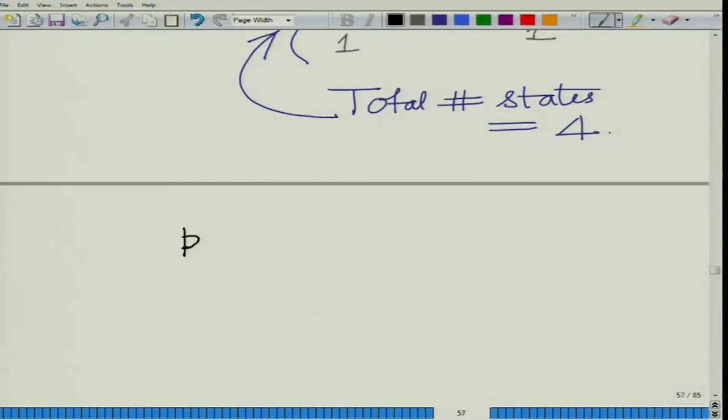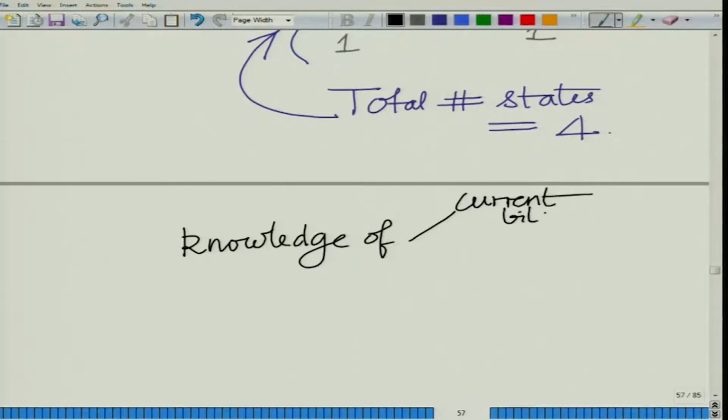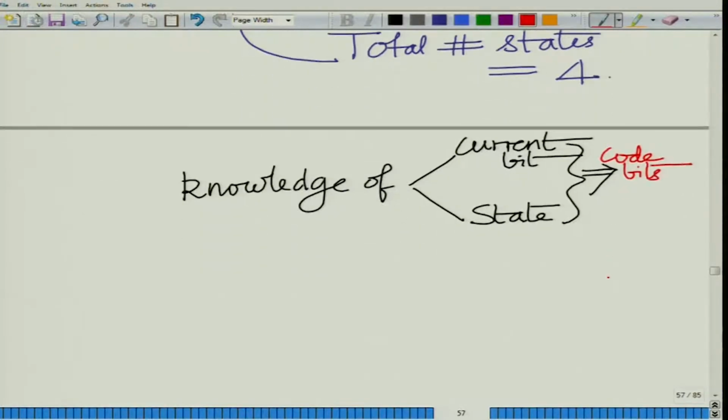So knowledge of the current bit and the state, these together help us generate the code bits for any time instant.